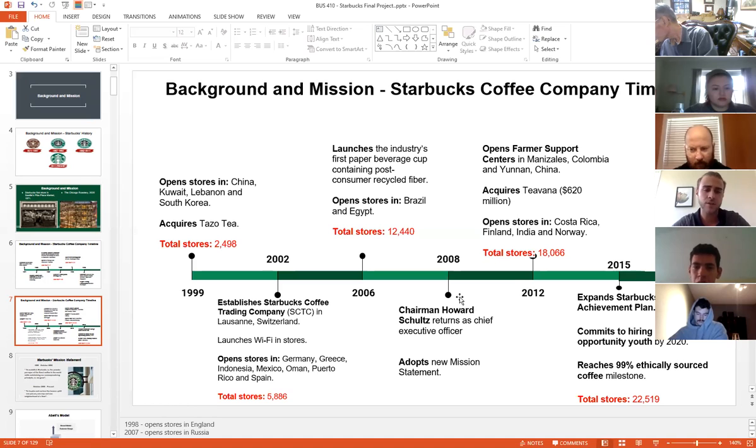Later on in 2008, Howard Schultz came back to run Starbucks. He was the CEO from 1987 to 2000, and then from 2008 to 2017. In 2012, Starbucks opened farmer support centers.